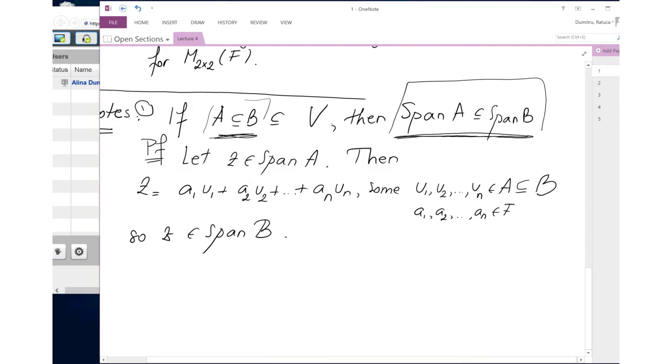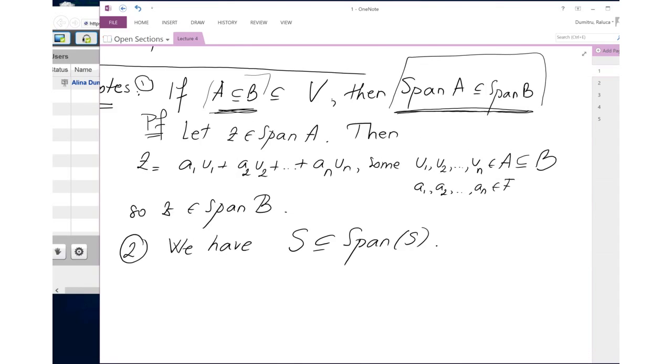Two. We said before that every set of vectors is a subset of its span. The subset could also be equal, right? The question is, when do we have equality?